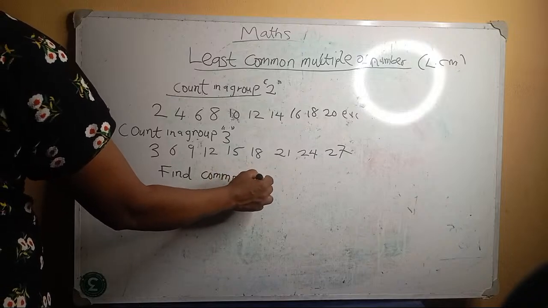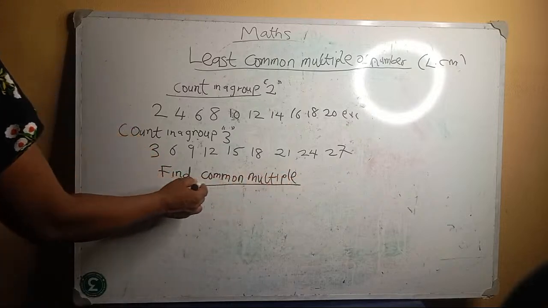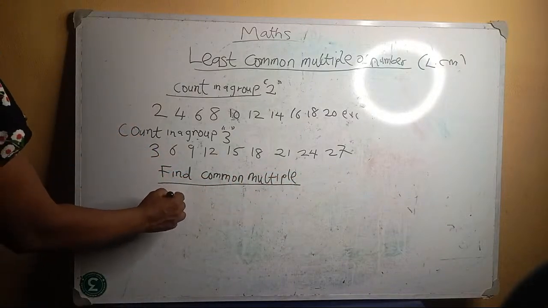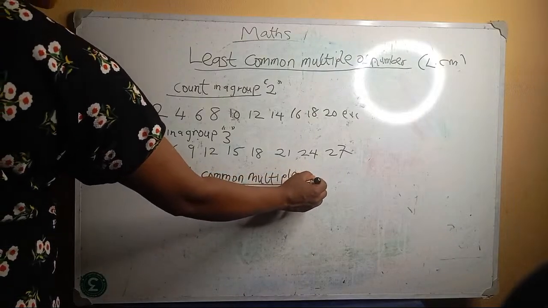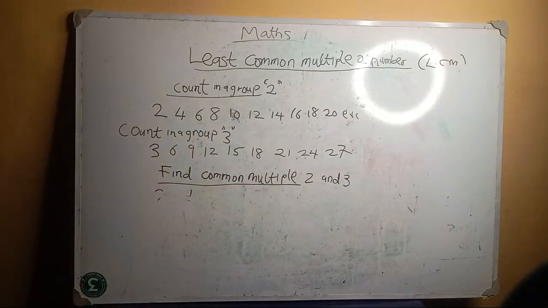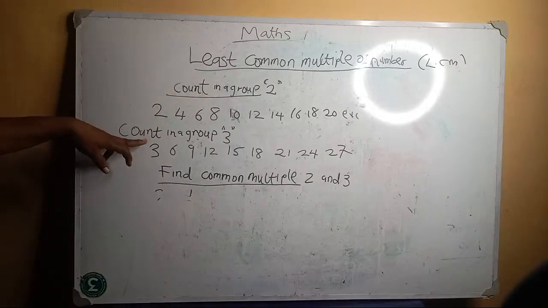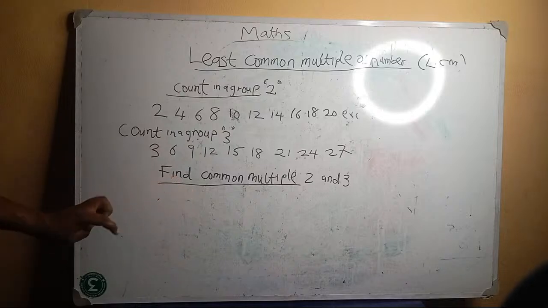When I ask you to find the common multiple of 2 and 3, what will you do? I told you what we're talking about now is the LCM, that is the least common multiple.